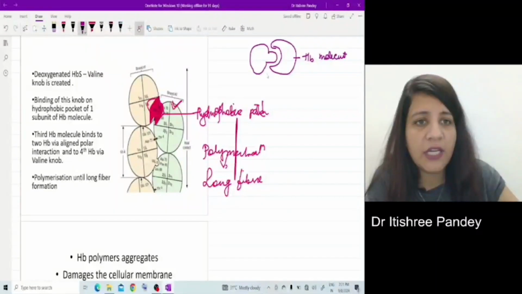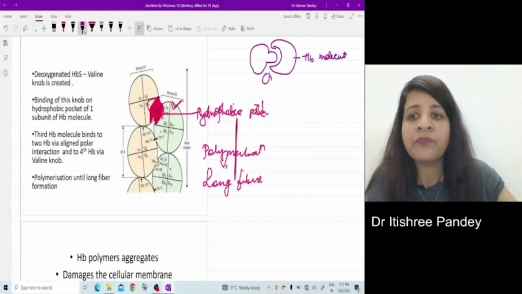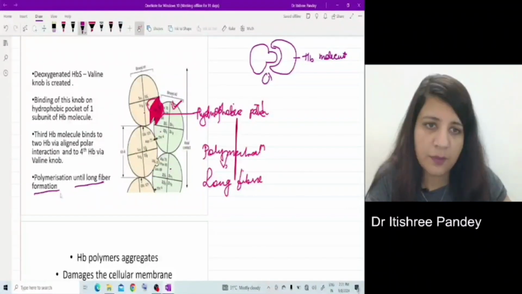Now consequently this binding goes on as shown in this picture. The first, second, third and the fourth goes on via Valine knob only, and this polymerization takes place until the long fiber formation takes place.